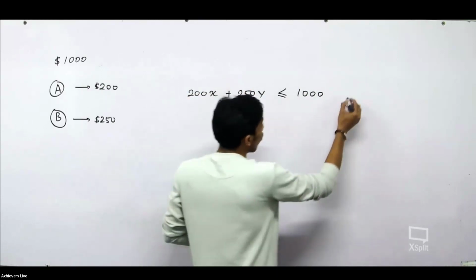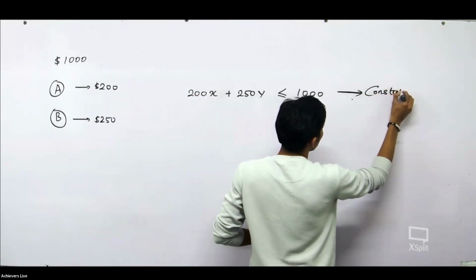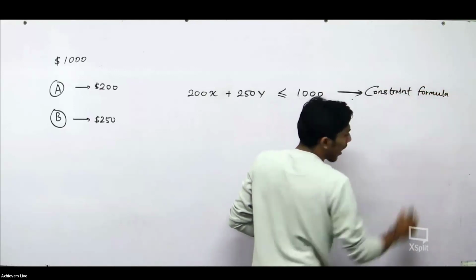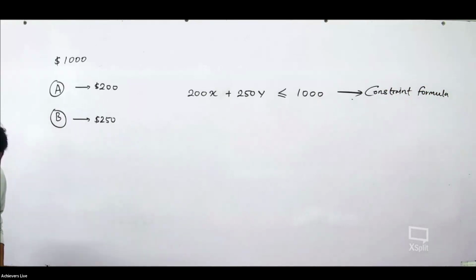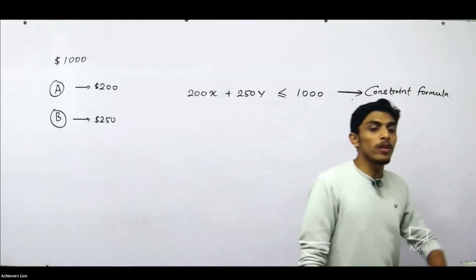So this formula, we call it as constraint formula. Did you all understand the way I constructed this formula? Got it? Right. So using these constraint formulas only, we will be doing the calculation.